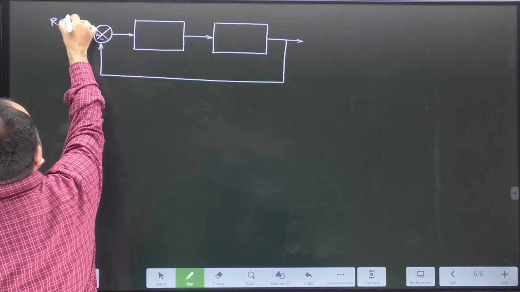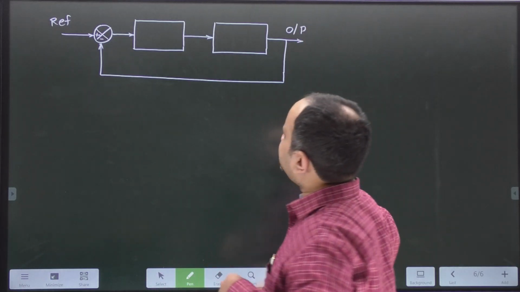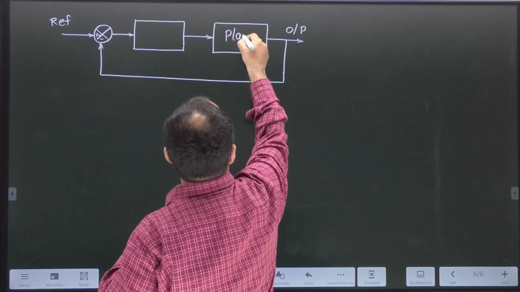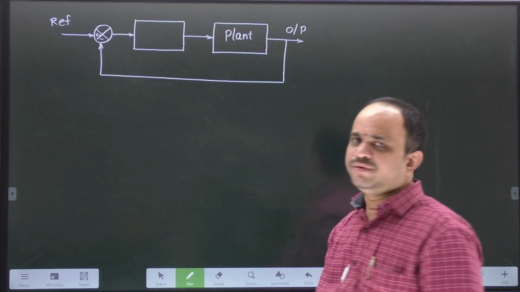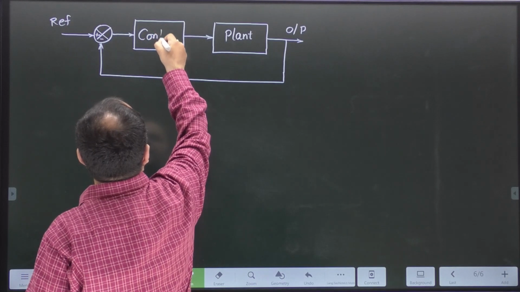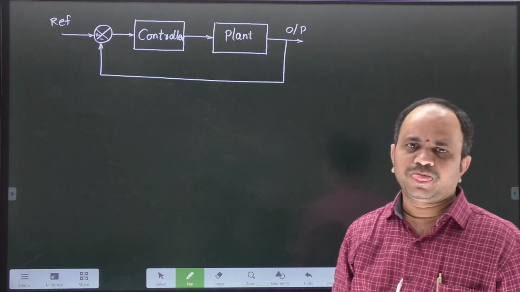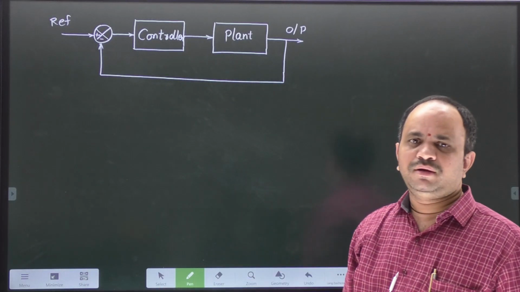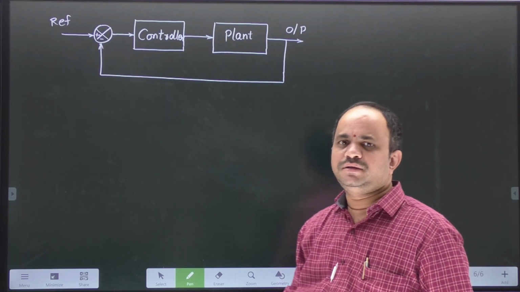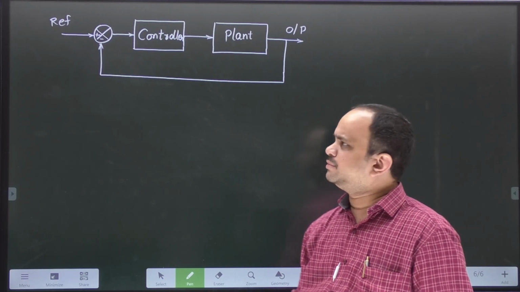Say this is a reference input and this is the present or actual output, and this is a plant, or simply the process. When the plant or process does not have the required characteristics, by using some additional circuitry called a controller or compensator, we try to tune the plant to meet the required specifications. That is the basic philosophy of a control system, right?